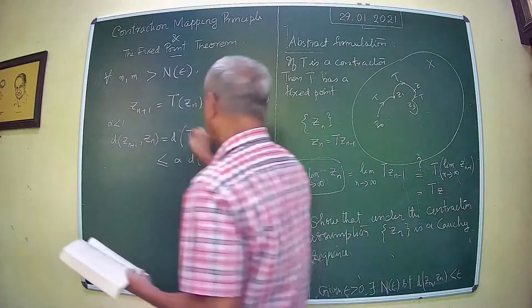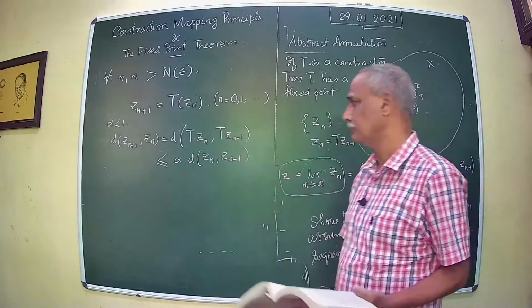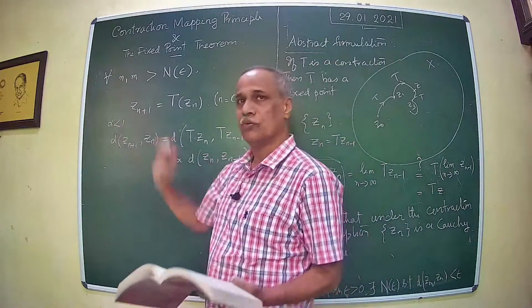I have used the contraction mapping condition over here. Alpha is less than 1.